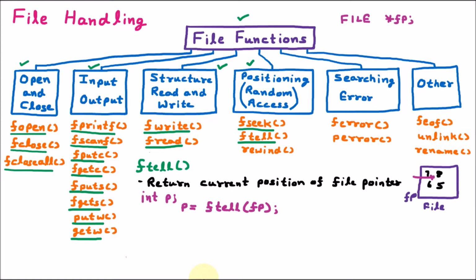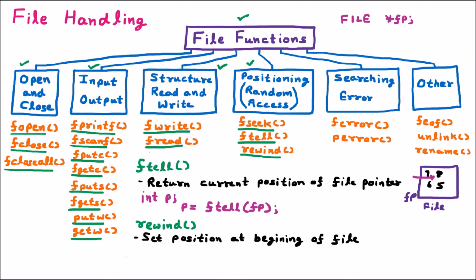The next function is rewind. This function sets the position at the beginning of the file. In earlier times we had tape recorders where we had the rewind button. So when we rewind that, the cassette will go to the beginning. Similarly, this rewind is used for making the position of the file pointer at the beginning.